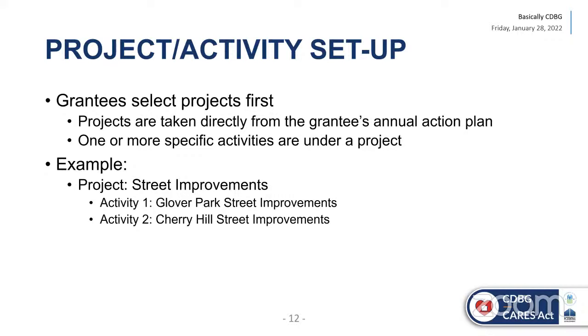For example, in action plan AP35, you probably have a project called street improvements. But under street improvements, in IDIS, we ask you to break down street improvements by service area. So you probably have multiple activities under street improvements. For example, you have Main Street improvements, Golf Park street improvements, and so on.